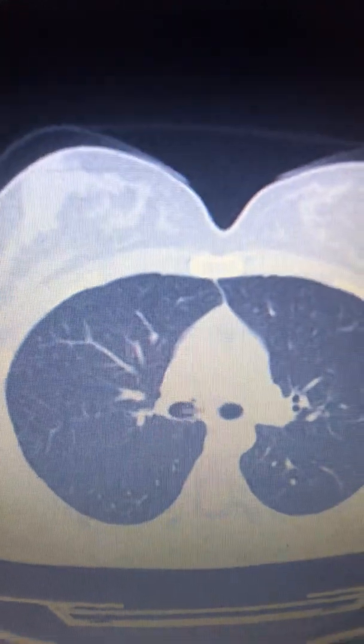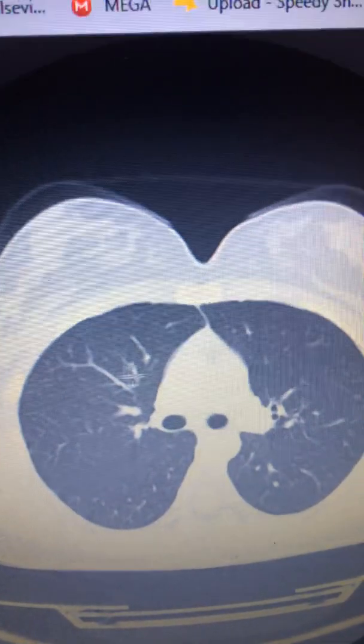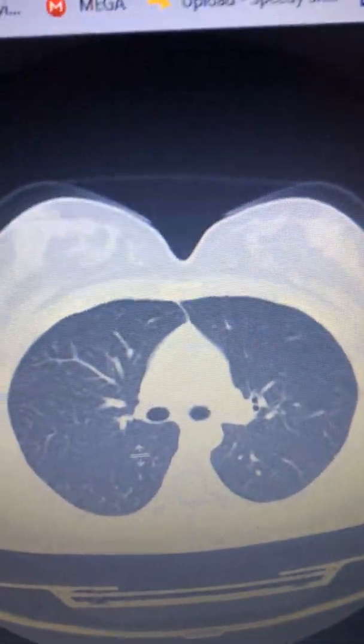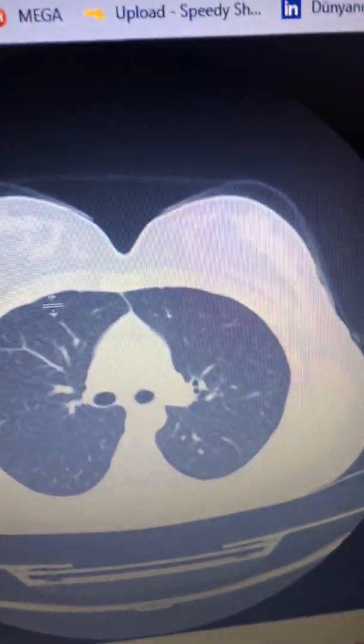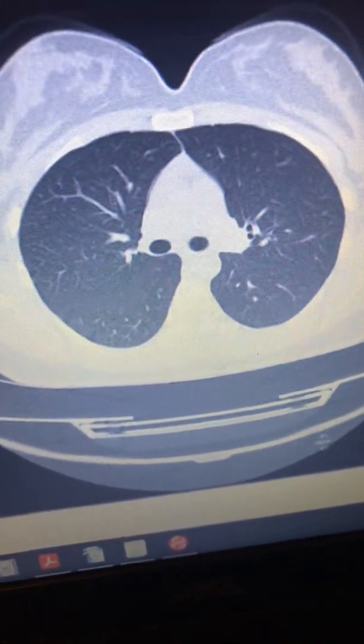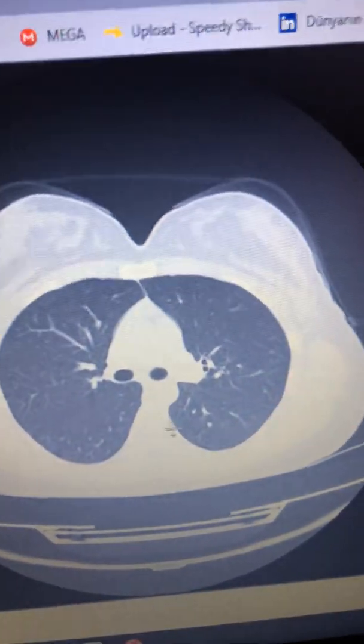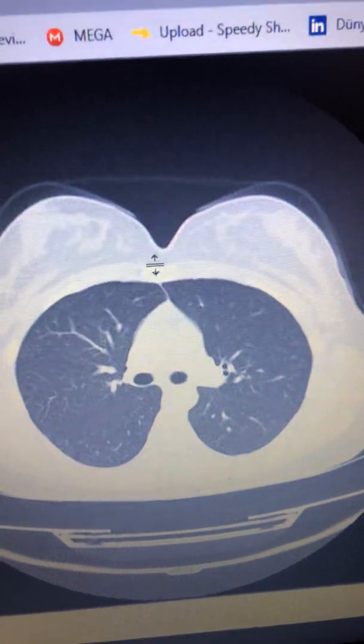Anyways, we have to go downwards. We are going on. We are just looking from the top of the patient. Just think about that: she is lying down on the bed, the tomography bed, and we're looking from her head side downwards.